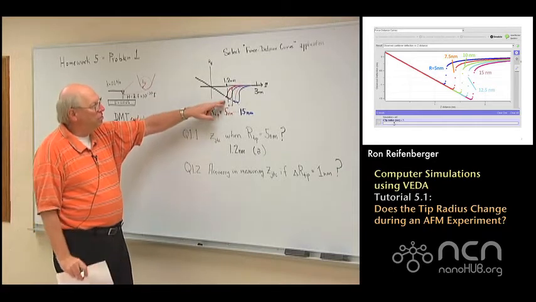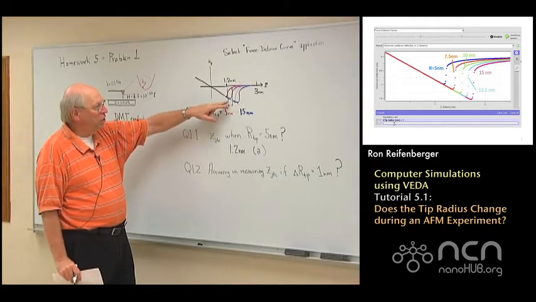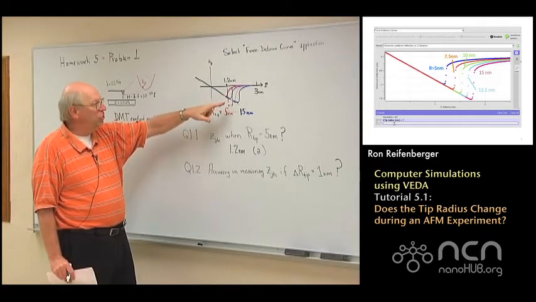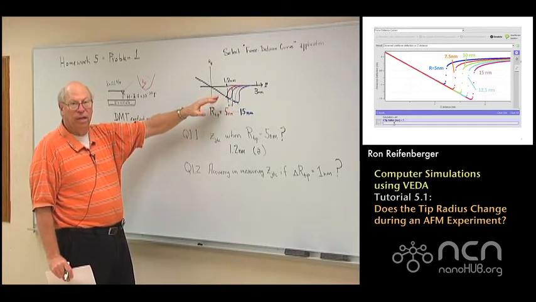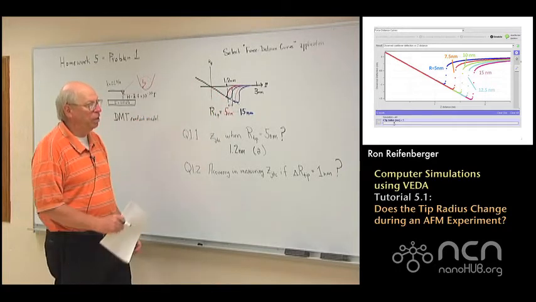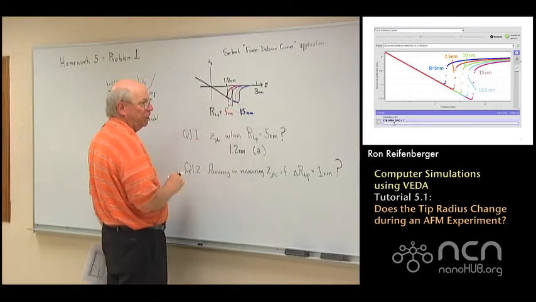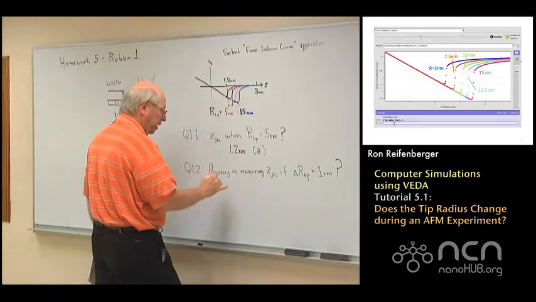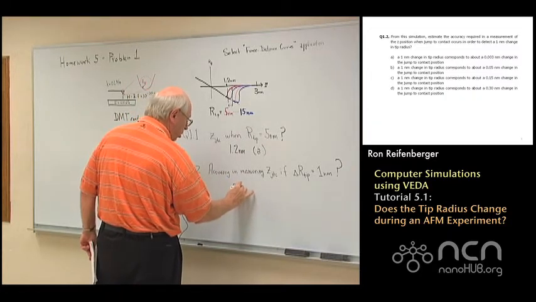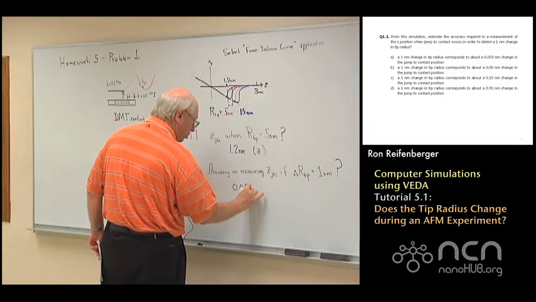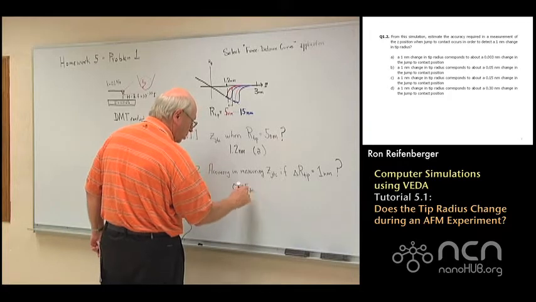So it doesn't matter very much what tip radii you select. You can vary the tip radius by plus or minus 1 nanometer. And what you'll find is that these curves are offset one from another by about 0.05 nanometers, right?